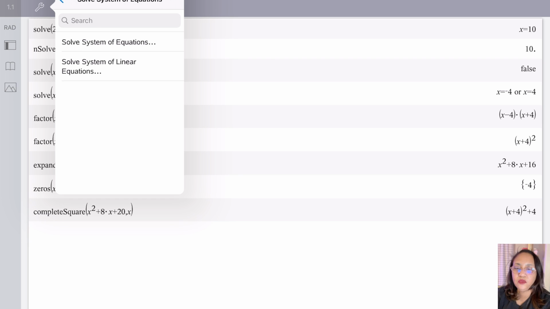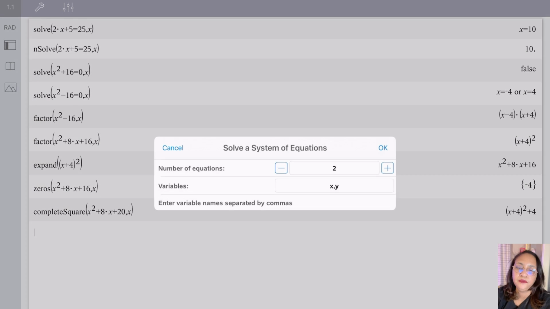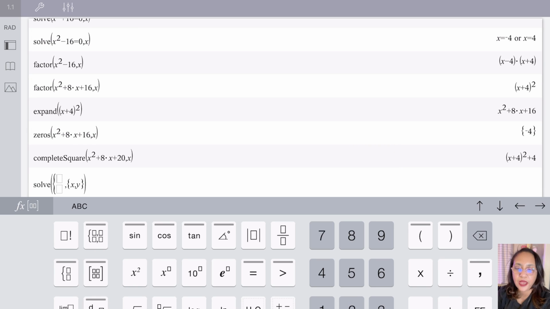And let's work with solving systems. So you just need to make sure how you pick how many equations you have and what variables you're using. And I'll just make up an equation for both.